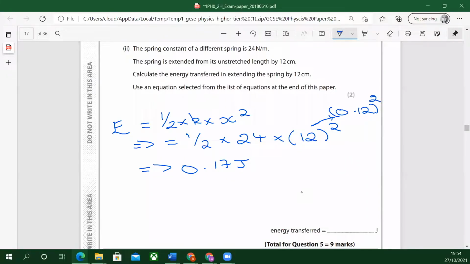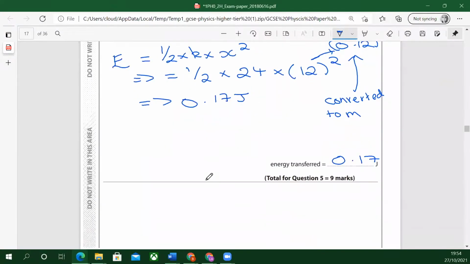It's got to be converted to meters, because it's in centimeters. Always be careful of that. So energy transferred is 0.17 joules.